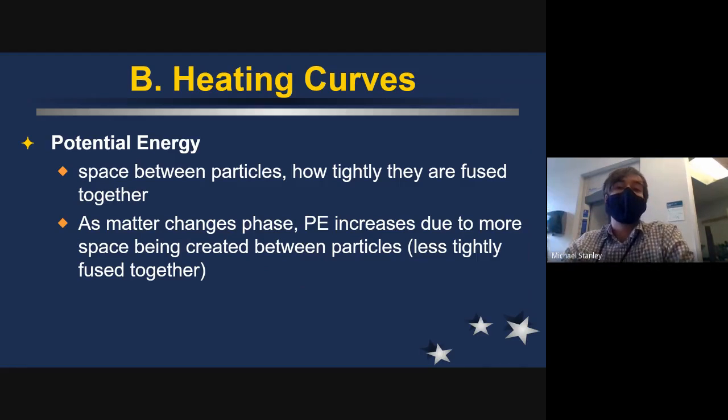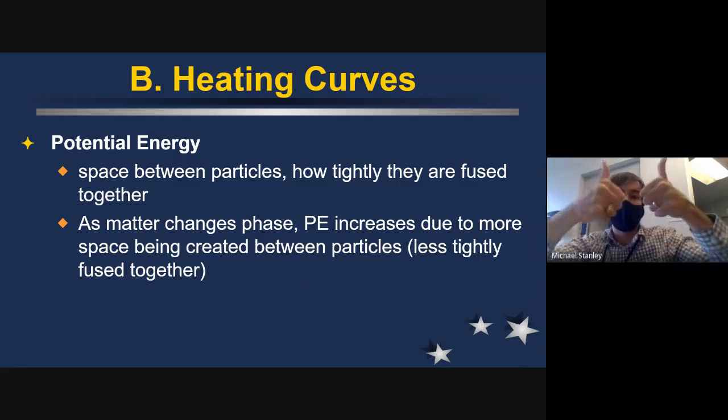Now we're going to look at the solid is changing into a liquid. The liquid is changing into a gas. So as we go through these phase changes, our potential energy increases, because when we go from a solid to a liquid, the particles spread out a little bit. And then when we go from a liquid to a gas, the particles spread out even more. So as the particles spread out, potential energy goes up.